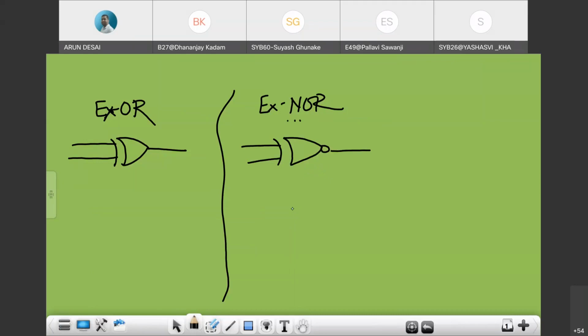Otherwise, it is high. That means if both the inputs are different, the output is high. If this is 0 and this is 1, it is high. If this is 1 and this is 0, the output is high in this case, right? And XNOR is exactly opposite to XOR. So just complete the truth table for both operations, XOR and XNOR. Try to complete it within the next 2 minutes.